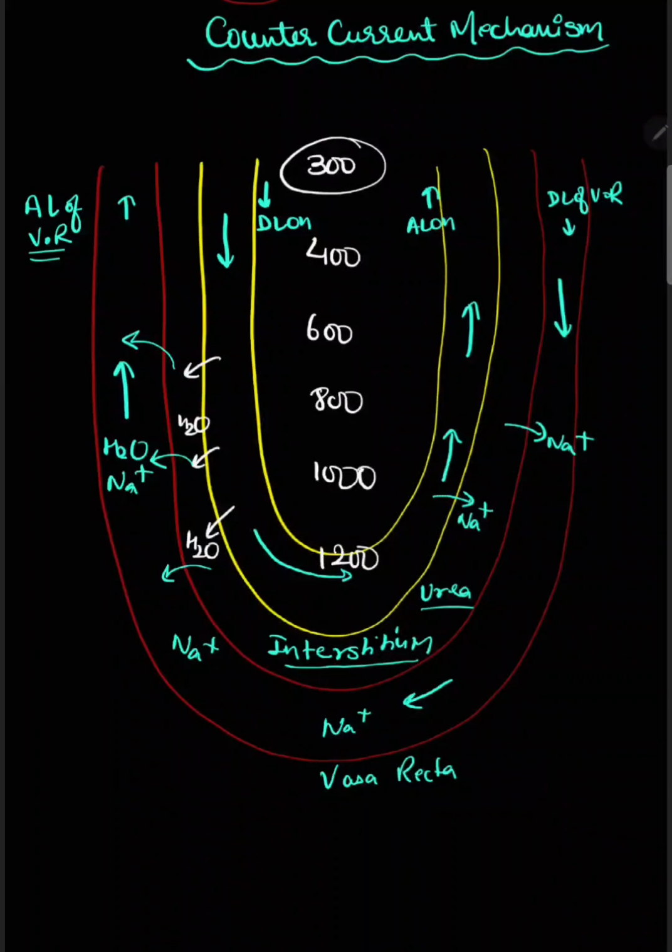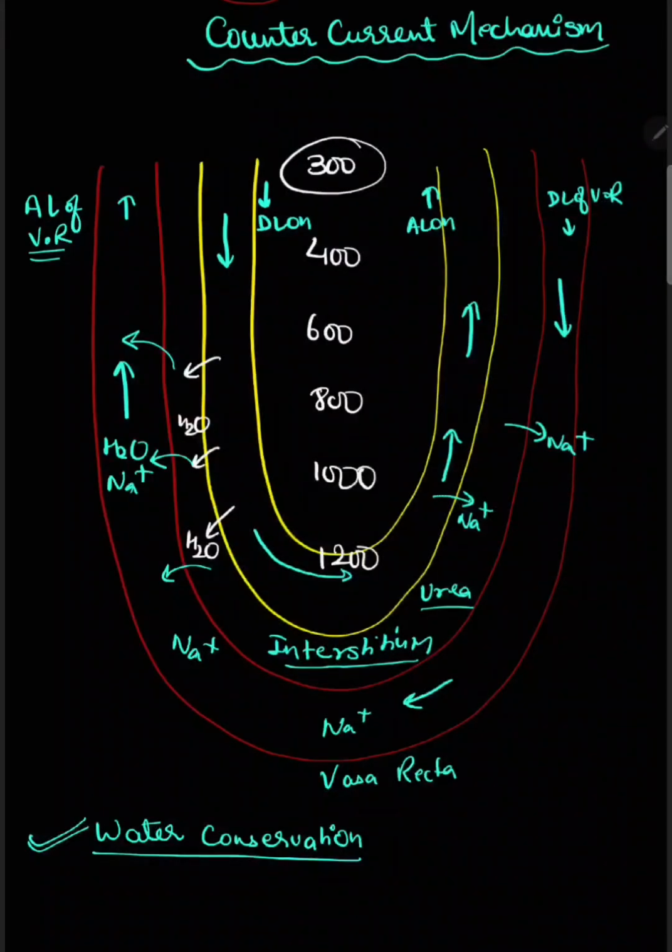So the counter current mechanism helps in water conservation. Whenever there is a scarcity of water in the body, maybe during fasting, a water fast, the counter current mechanism will work, and water will be conserved in the body.